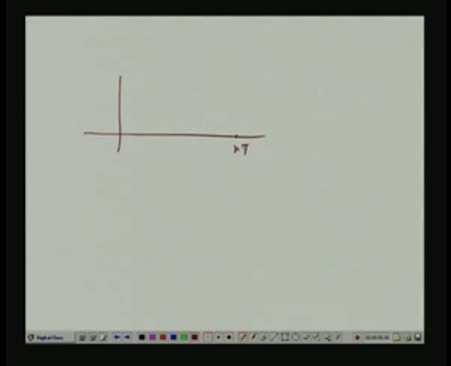At n tau you triggered one pulse, and this is n tau plus T. Then the pulse to the right of this should pass through 0 here, the pulse to the right of that also should pass through 0 here. So all other pulses to the right and left of this should cross through 0.